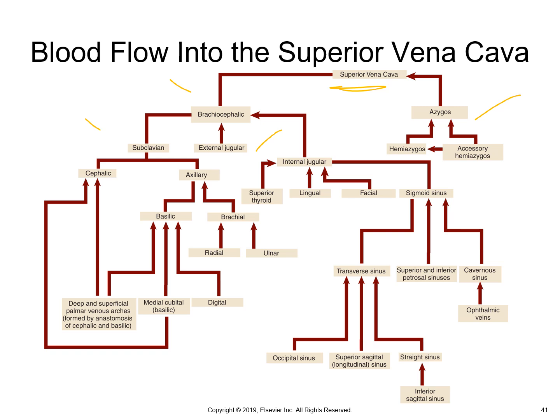In terms of blood flow from the brain and the face, again, we talked about those complex venous drainage systems, which we're talking about over here, that eventually empty into the superior vena cava.